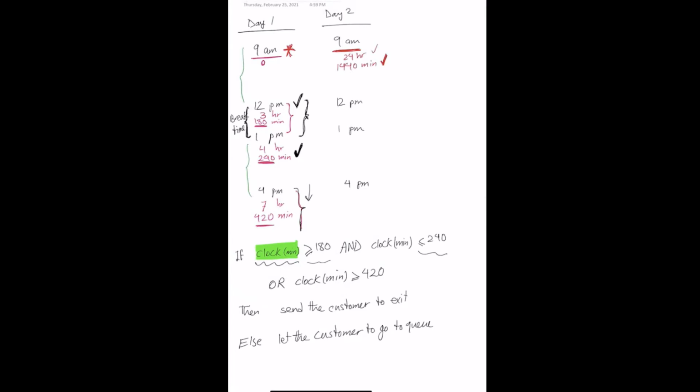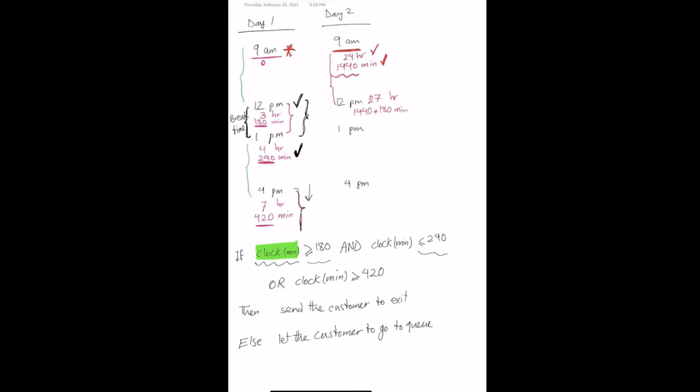If I continue running the simulation, then at 12 noon on the second day, the simulation time will be hour 27. So 24 is just the start of the second day, and after 3 hours in the second day, the simulation time is hour 27. In terms of minutes, I add 180 minutes, since from 9 a.m. to 12 noon is 3 hours, so it's 1440 plus 180 minutes.